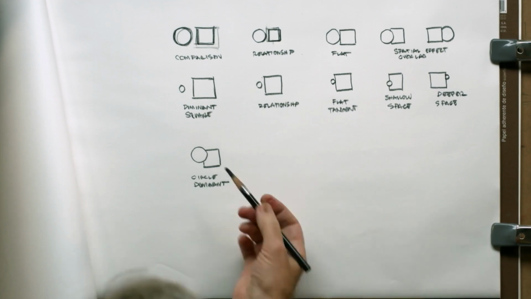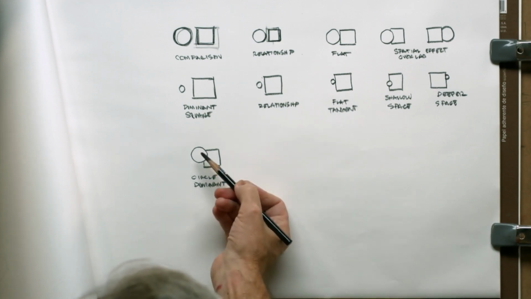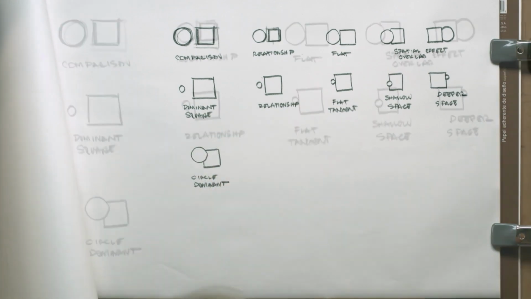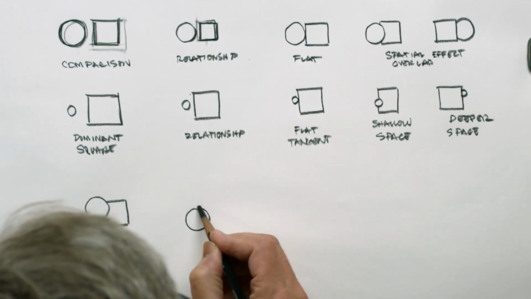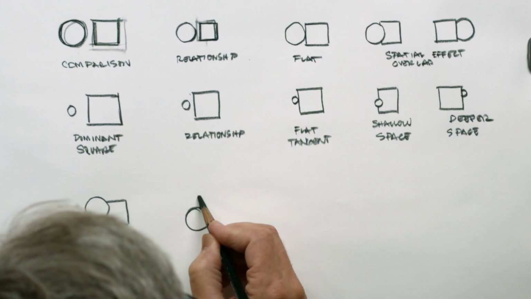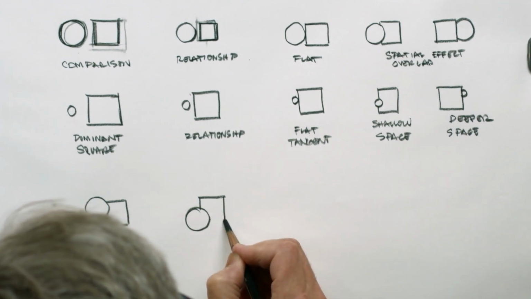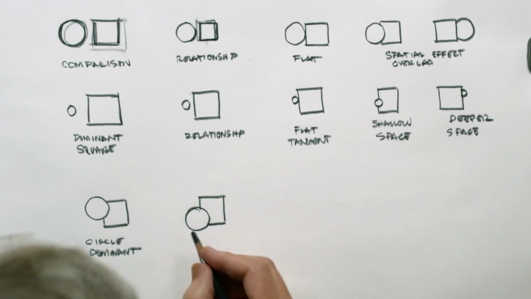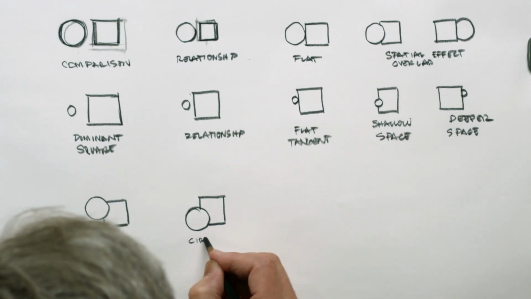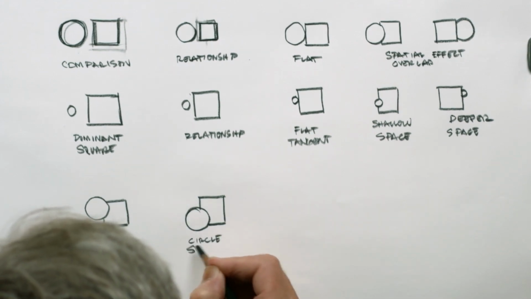Okay, so I can make the circle dominant. It's a little bit higher and it overlaps the square. I can do the circle and the square this way, and this way makes the circle subordinate.